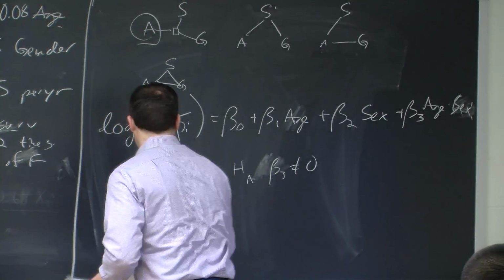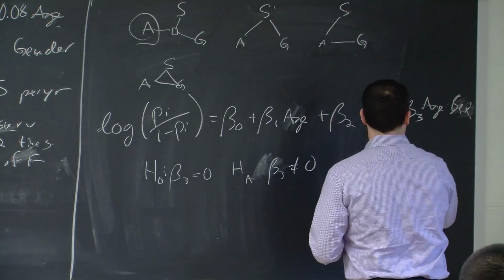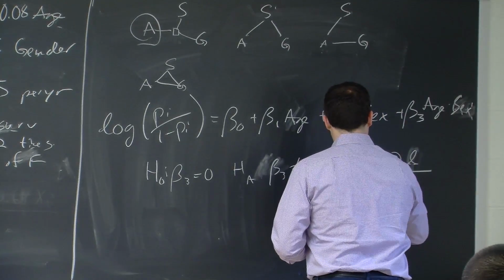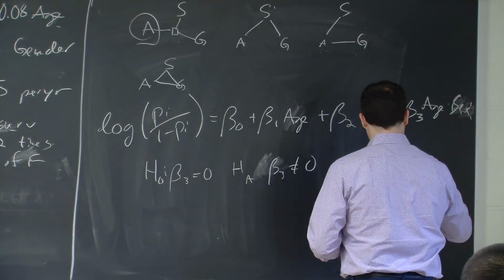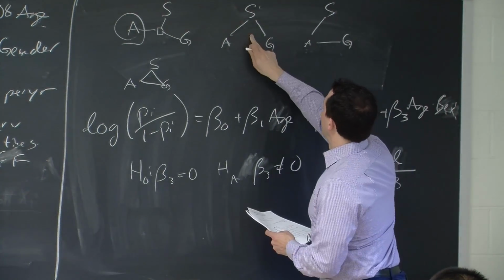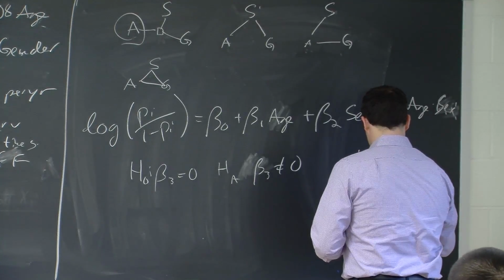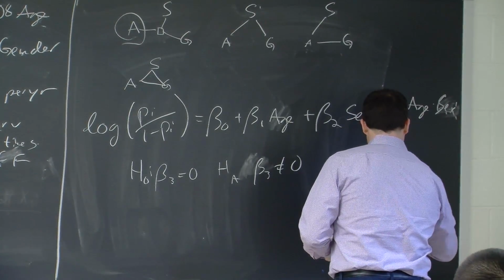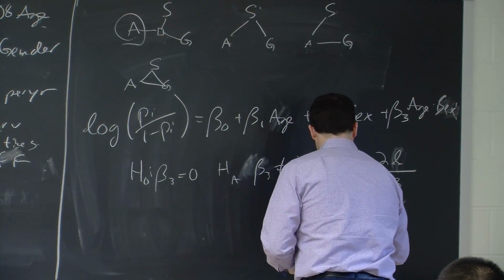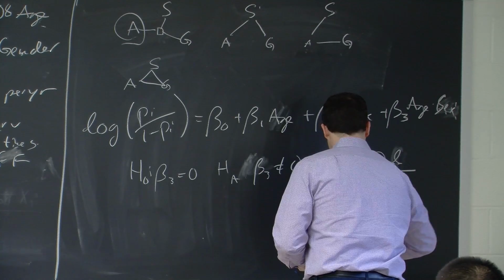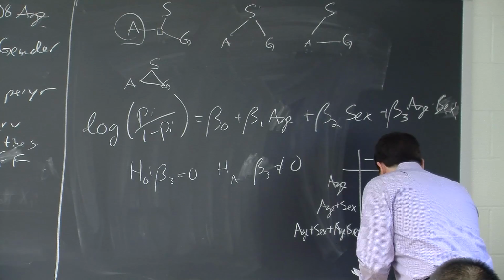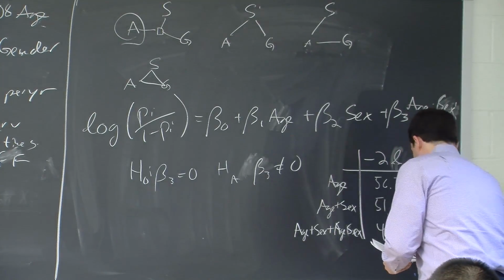So we just augment this table of the minus 2 log likelihoods. Age alone is 56.3, age and sex but not interacting is 51.2, and age plus sex plus age times sex becomes 47.4.